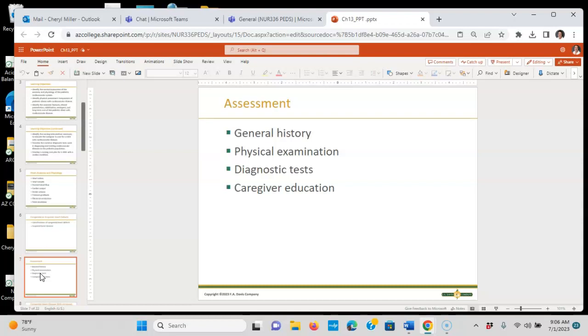Obstructive disorders, coarctation of the aorta. Make sure you understand coarctation of the aorta. Aortic stenosis, so stenosis meaning narrowing, so it's closed more than it's open. Pulmonary stenosis or pulmonary atresia, and then we can always have a tetralogy of Fallot with pulmonary atresia. So these kids turn blue.